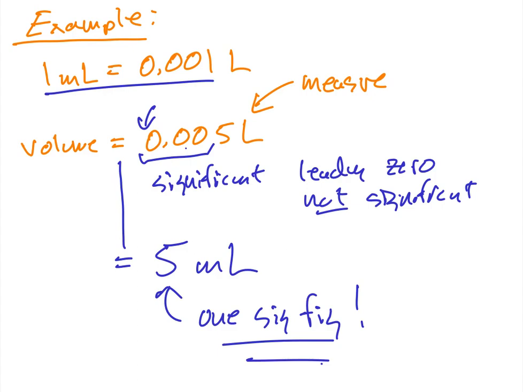So if you just change units, obviously changing units doesn't have any impact on the precision of the initial measurement. Okay, and so these leading zeros here aren't significant. They're simply holding the place and are present to varying numbers depending on the specific unit you use to represent the value. So by doing a little unit conversion problem, we can see very clearly that, well, hey, we must only have one significant figure. Therefore, those leading zeros are not significant.